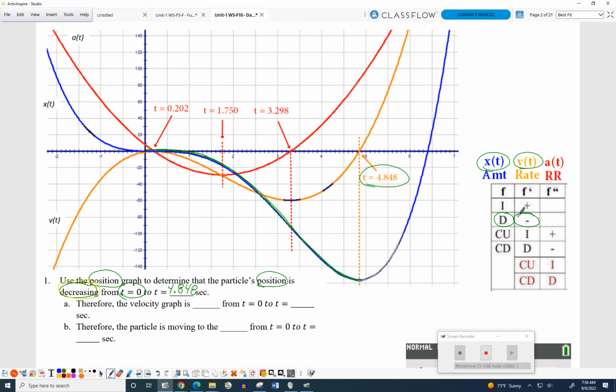Therefore, the velocity graph must be negative for that same time period. And of course, we already answered this one. Therefore, the particle is moving to the left for that same time period.